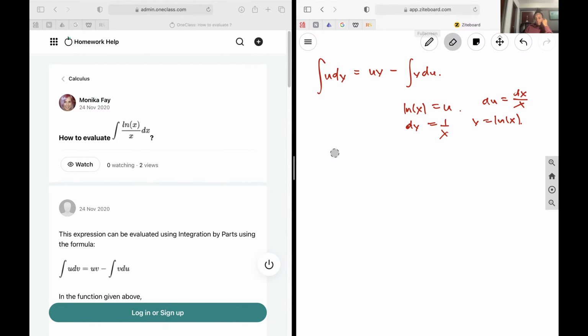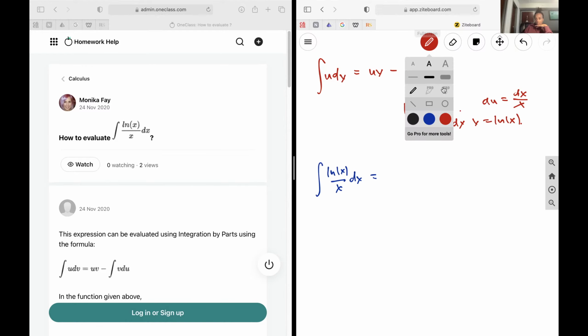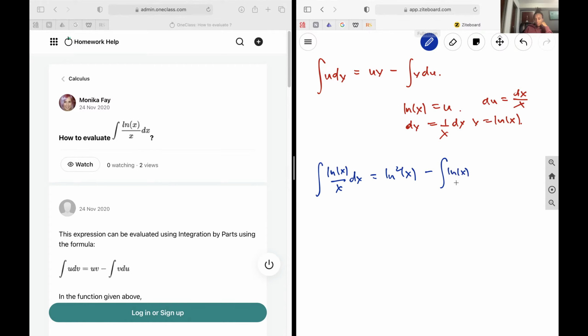Okay, so now that I have all of that, I'm just going to plug everything back into my formula, and I get that the integral of ln x over x dx is equal to uv, so ln squared x, minus the integral of ln x by du over x dx.